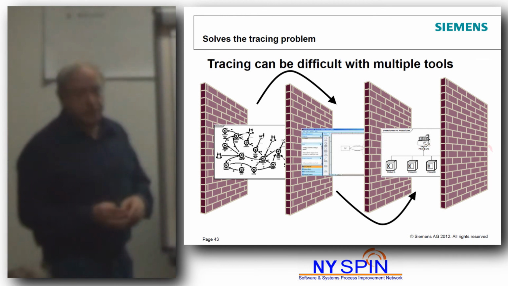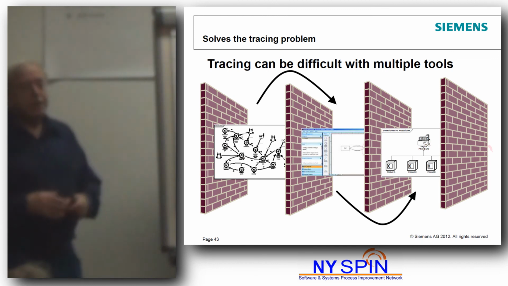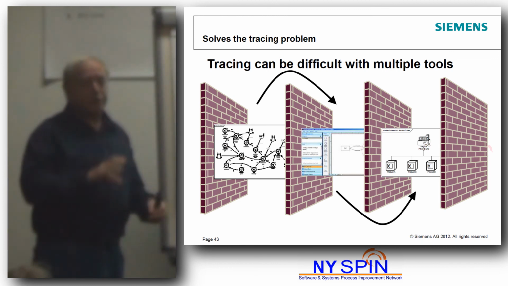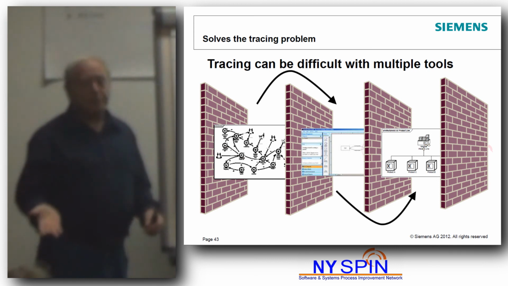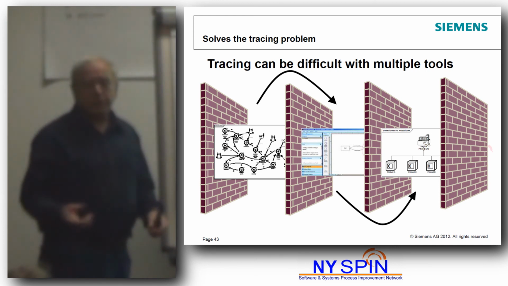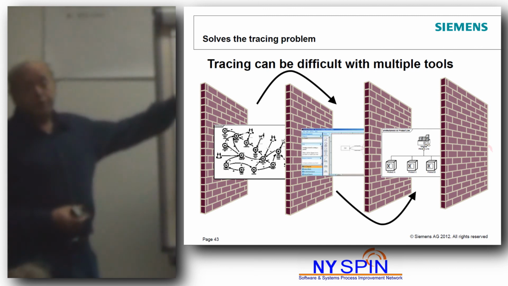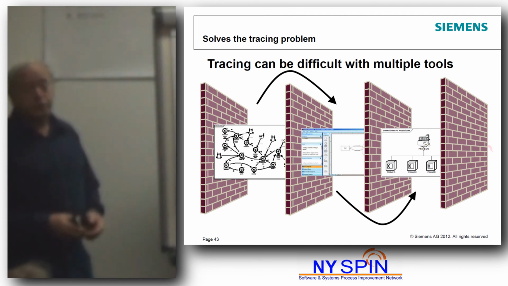If you have a product that's customer configurable, and the customer can do this, or this, or this, and you're creating a nightmare for your testing staff because you don't know what the legal combinations are, you can specify them using feature modeling.